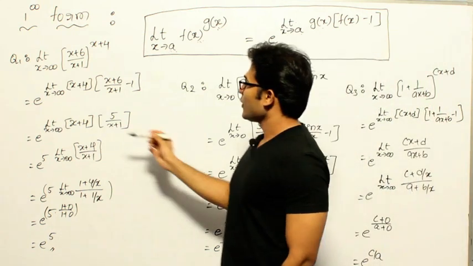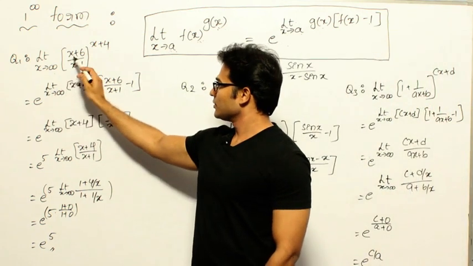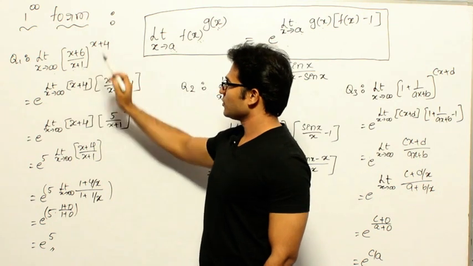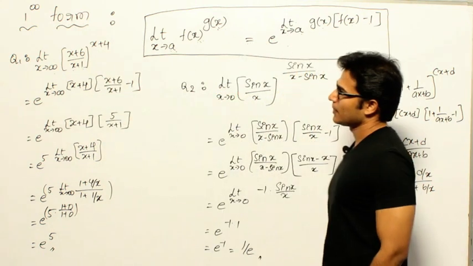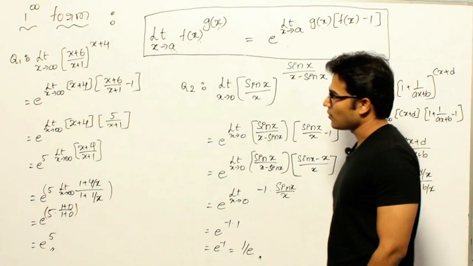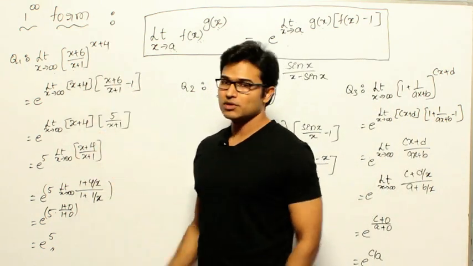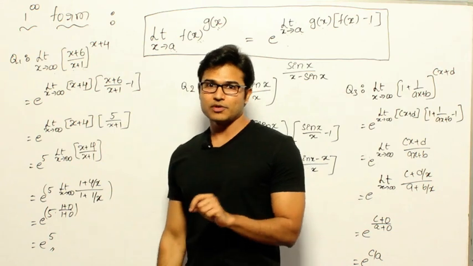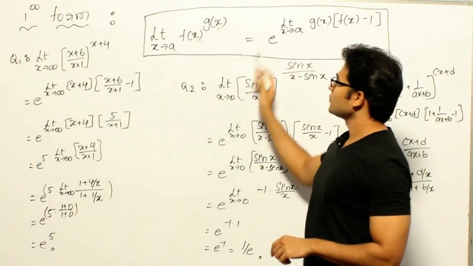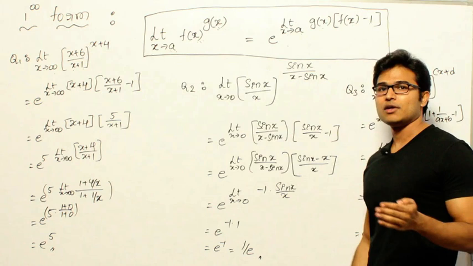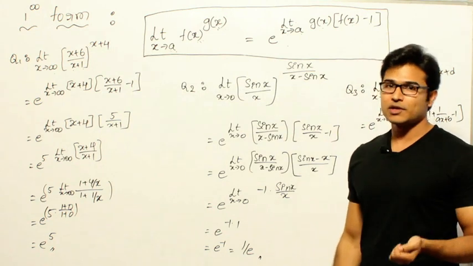Just say this. Now if I apply limit x tends to infinity, x plus 6 by x plus 1 whole to the power x plus 4. You see that it is in the form of f of x to the power g of x. Now we should test whether it is in the form of 1 power infinity or not. You cannot apply this formula to everything. Only whenever you get 1 power infinity you can apply it.